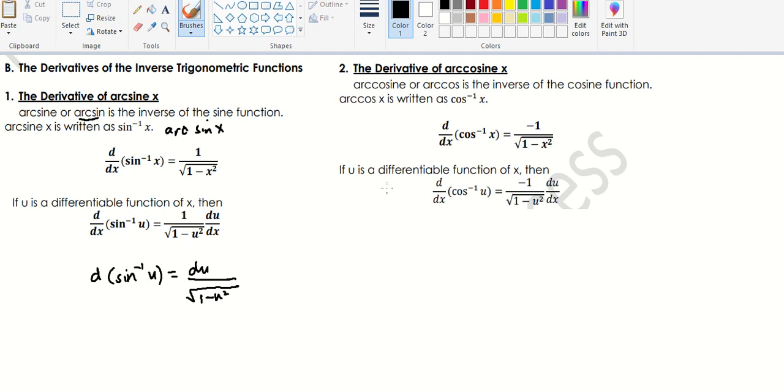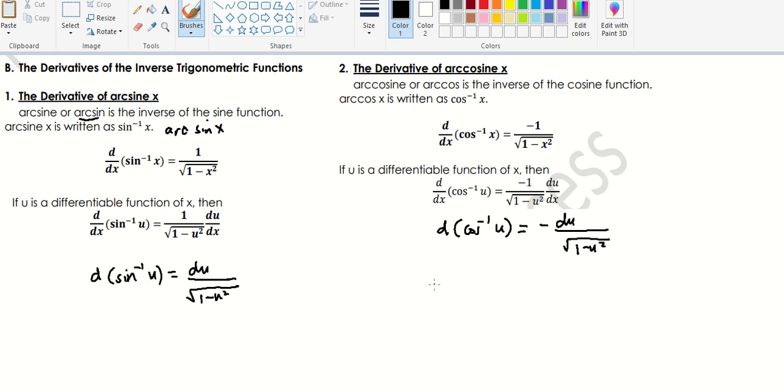If u is differentiable function of x, then the derivative of arc cosine u is equal to negative 1 over square root of 1 minus u squared times the derivative of u. Or we could rewrite this as the derivative of arc cosine u is equivalent to negative du over square root of 1 minus u squared.